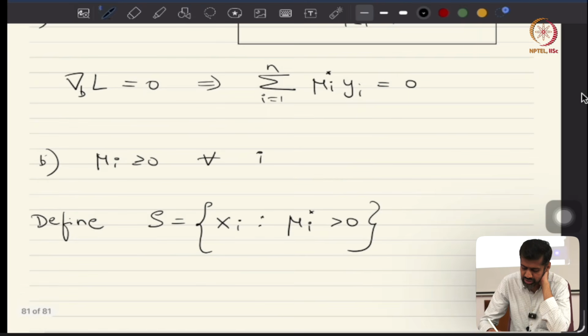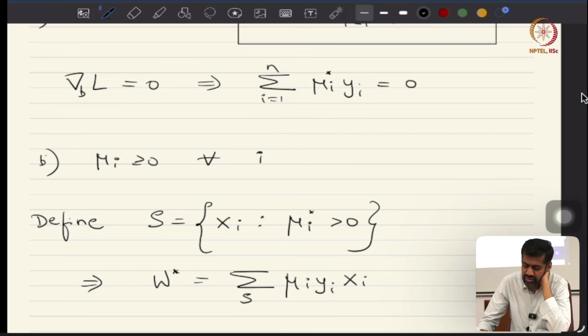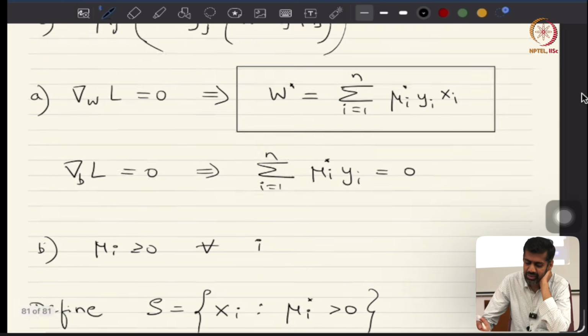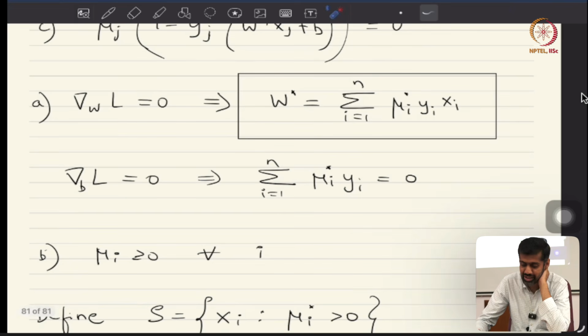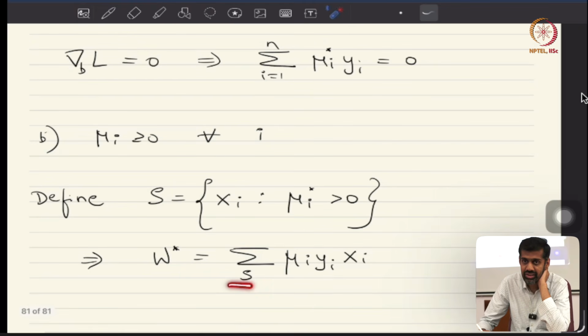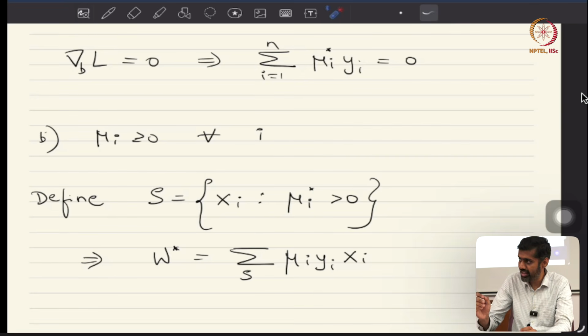This implies that my optimal decision boundary is simply a linear combination of the vectors in that set. The ones for which mu_i star is 0 will anyway go away. The only things that will survive are the ones for which this is strictly positive, and those vectors are called support vectors, for which the Lagrange multipliers are positive.